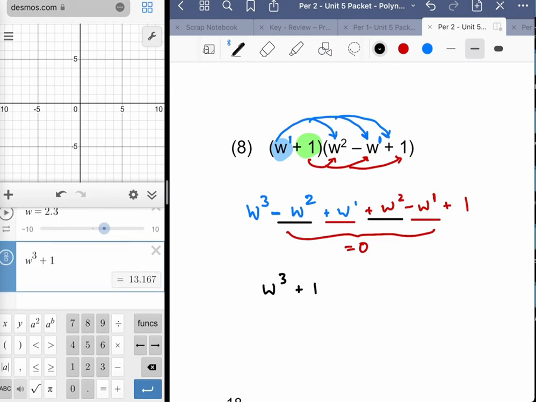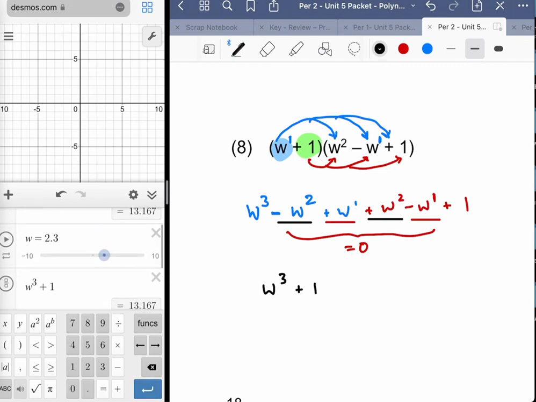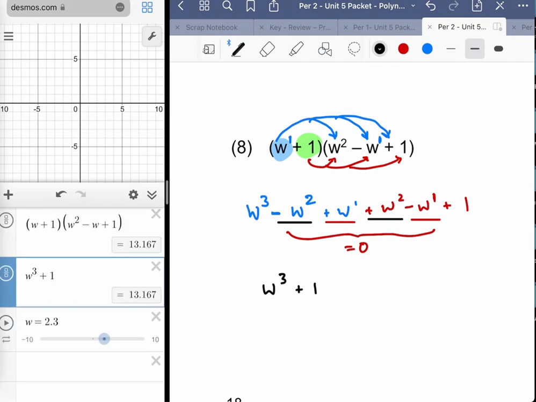The idea being that if I get the same decimal value in each case, depending on where I put my slider, then I know I have equivalence. Now, if I did this with x's, it would give me 2 graphs, and if the graphs matched up, then they would be equivalent. But this one is consistent with the variables used in the problem, and it's kind of nice. It's very visual.